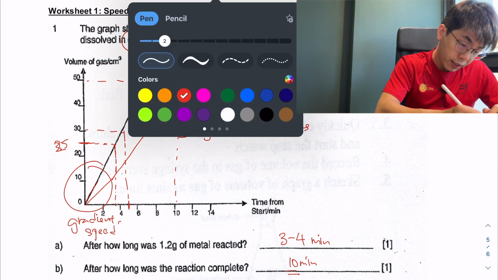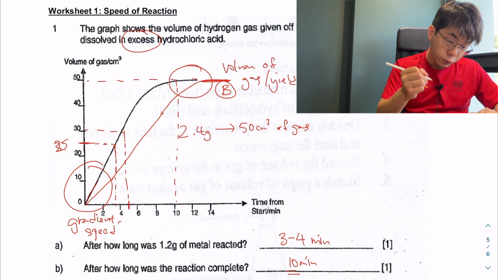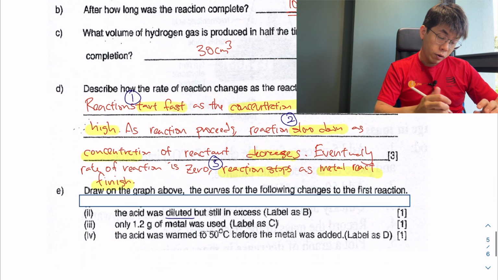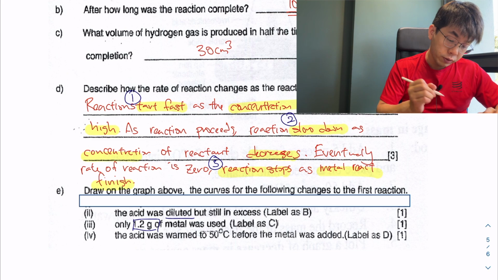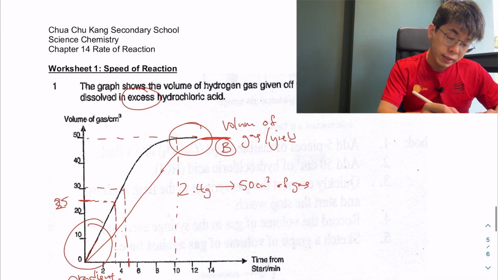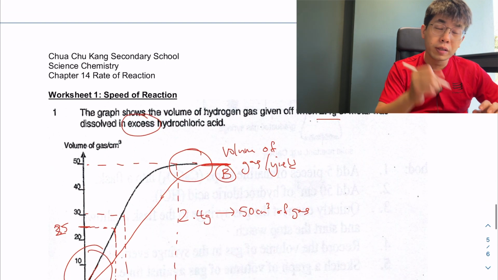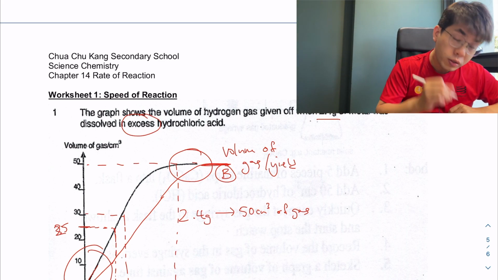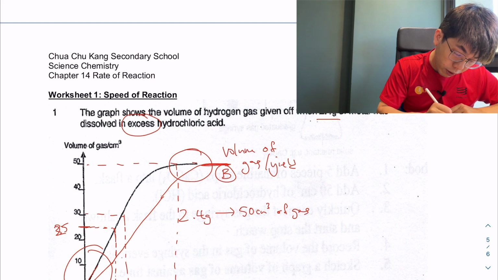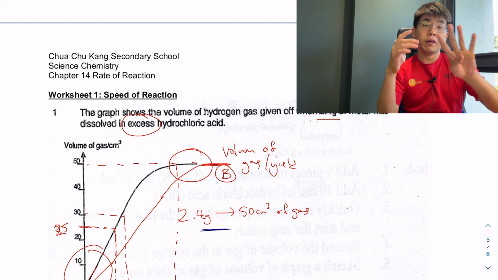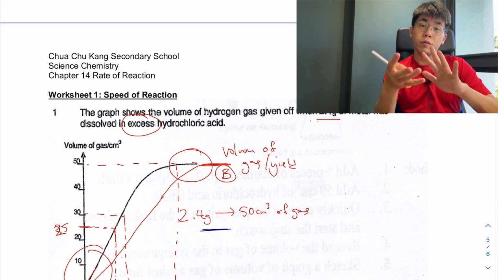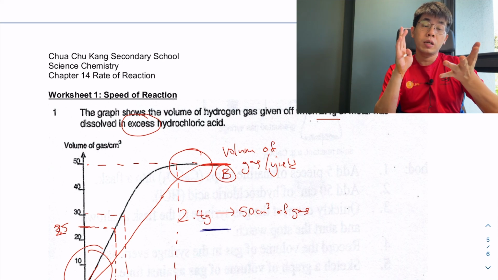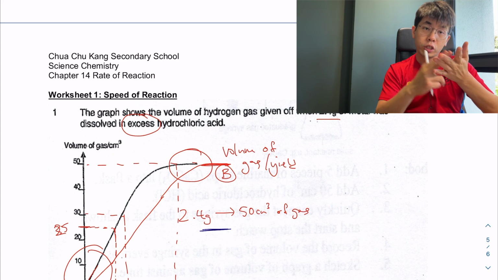Let's use blue for the next one. Now 1.2 grams of metal is used. I started with 2.4 grams, now I use 1.2 grams. That means it will produce half the amount of gas, which is 25. So the ending point is at 25. The 4 factors that affect the speed of reaction are concentration, temperature, pressure, and particle size.